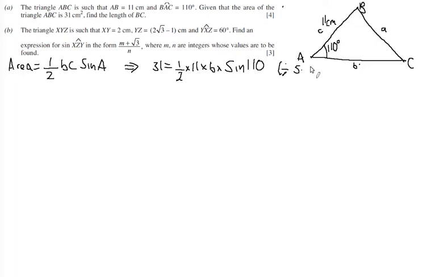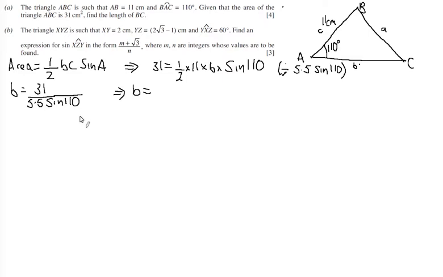If I divide both sides by 5.5 sine 110, what I get left with is that B is equal to 31 over 5.5 sine 110 degrees. So this gives us the most accurate answer possible.